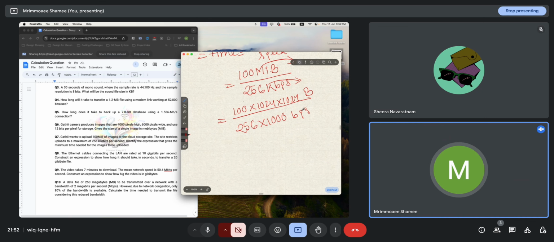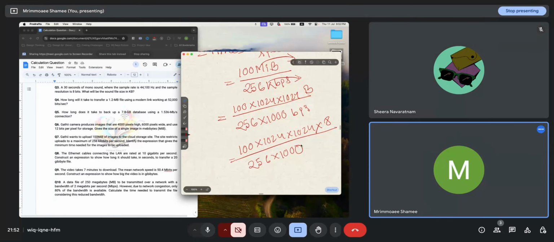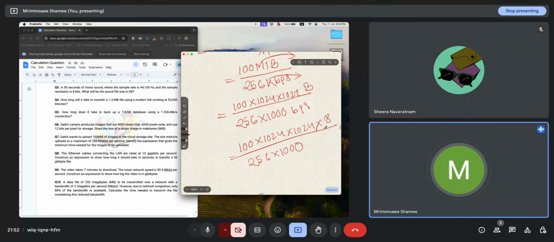So we just need to shift this to bit. So 100 into 1024 into 1024 into 8 divided by 256 into 1000. So this one will be the answer.